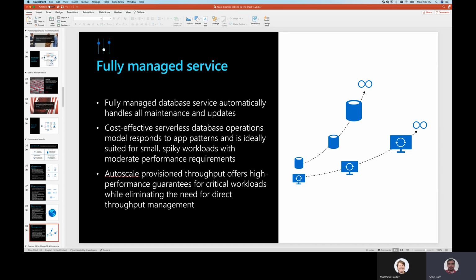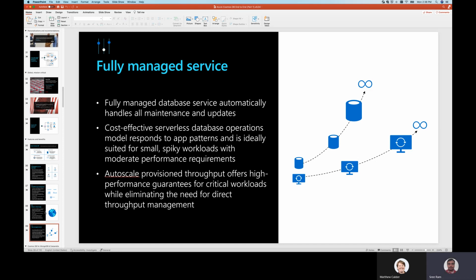So coming to the fully managed service, we manage your database so that you can take your database all the way from 10 gigabytes, let's say, to hundreds of petabytes. Also, we provide the compute in order for you to fetch the data from your storage.